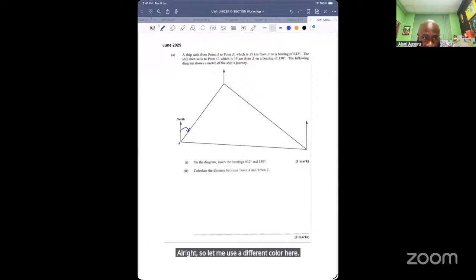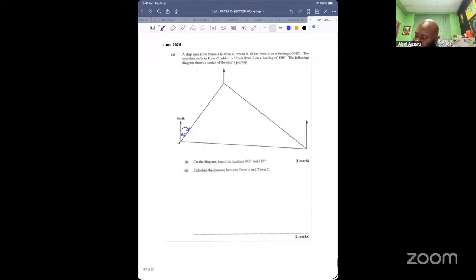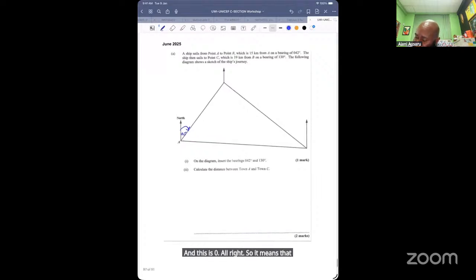Then this is 042. So this now has to be B, correct? Because the 042 sails from A to B, and B is from A, right?